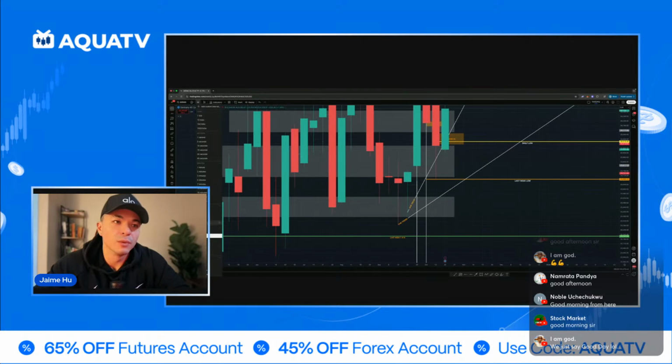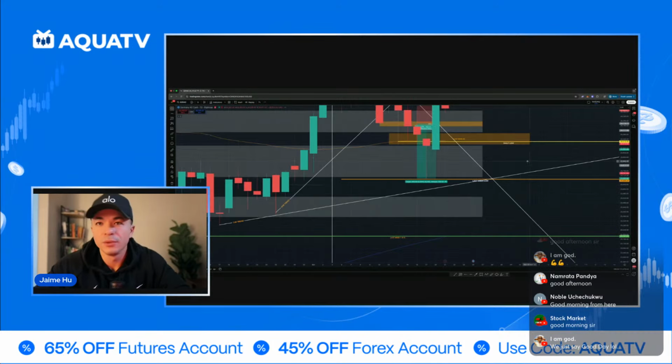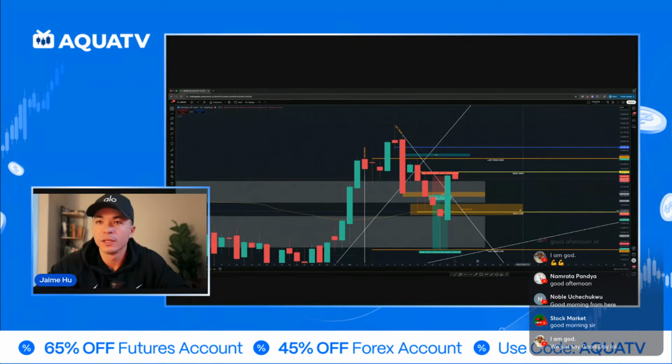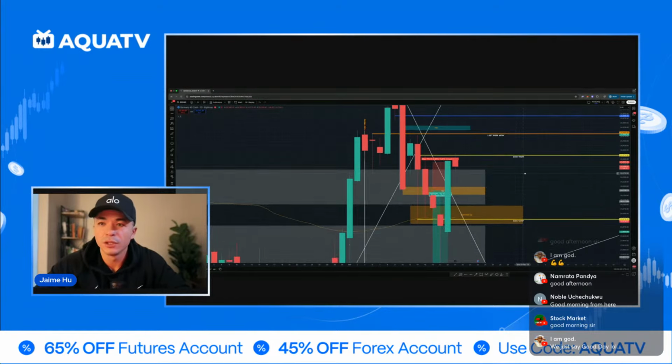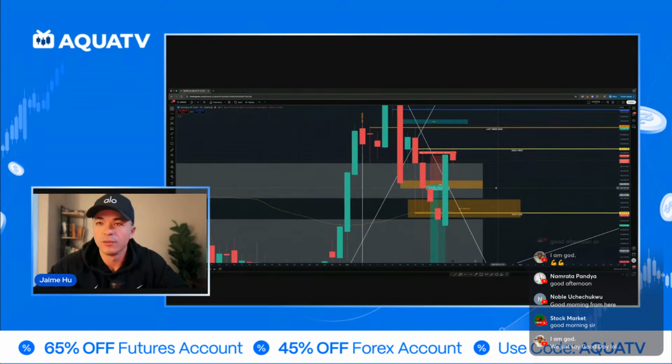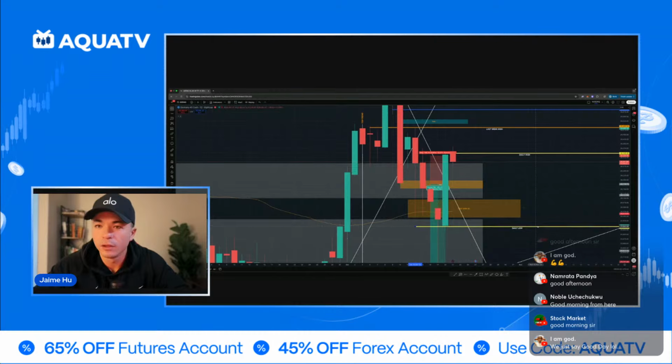So now that we did the weekly, we go over to the daily and we do the exact same thing, right? So we can see that yesterday, price closed really bullish. Also on top of a spinning top. So we label that the high, the low. Let's just move these a little bit.